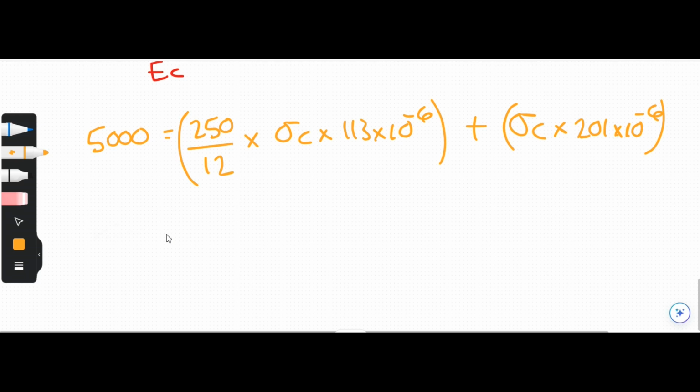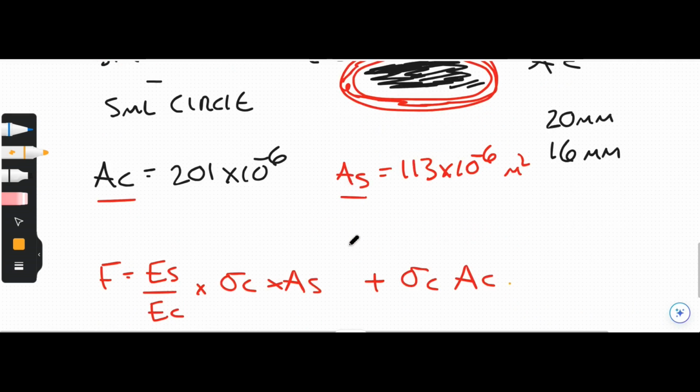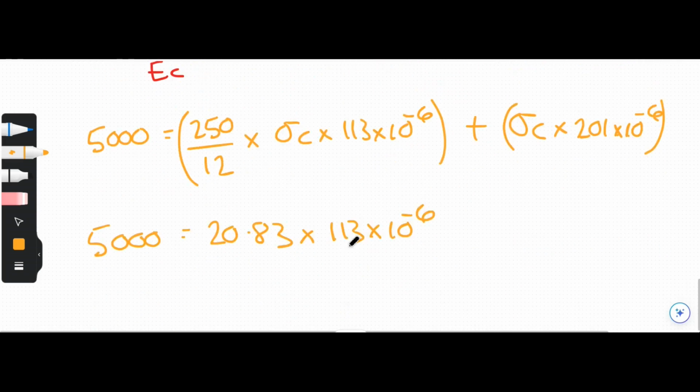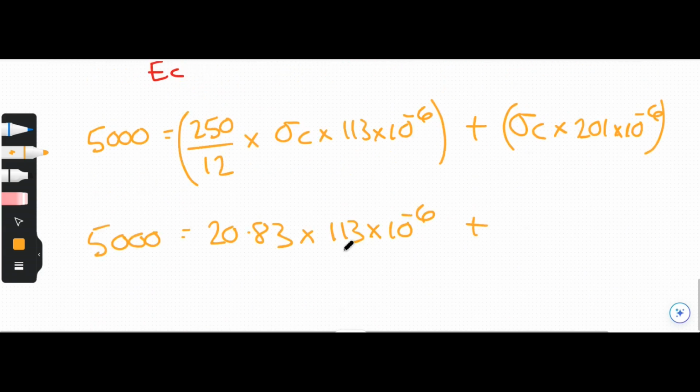So now, 250 divided by 12 is 20.83, times 113 times 10 to the minus 6, plus stress in the concrete times 201 times 10 to the minus 6.